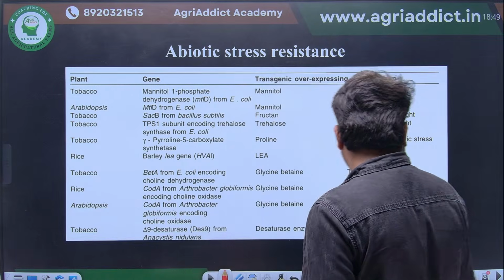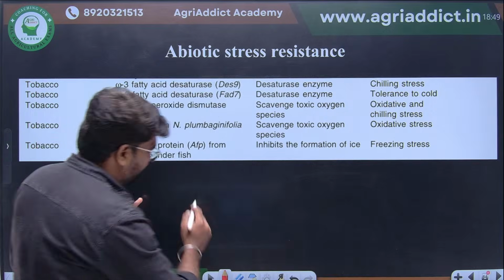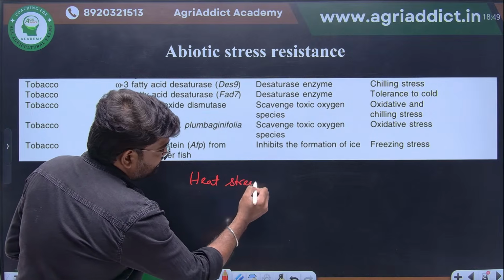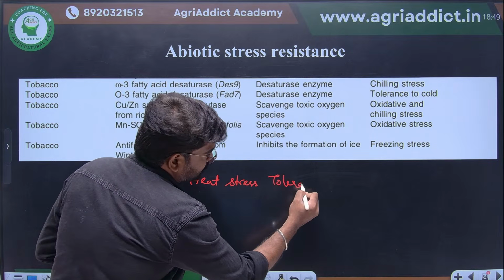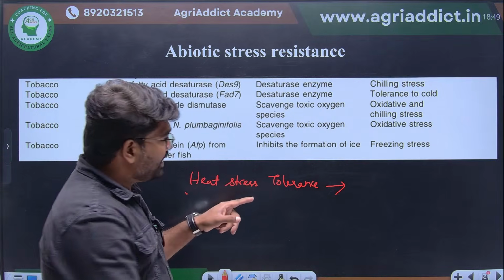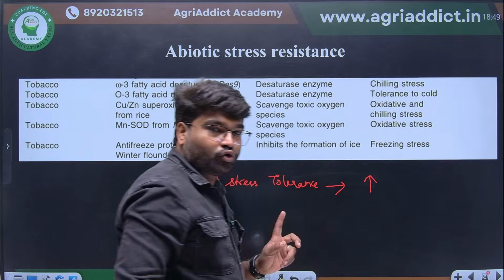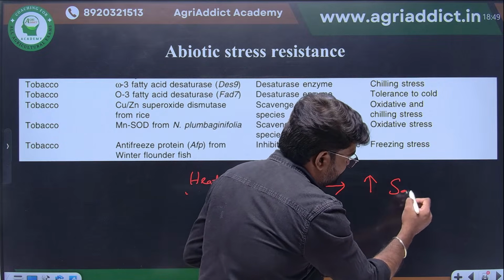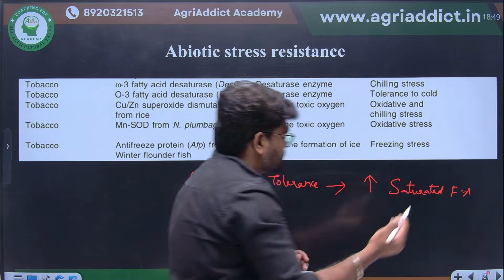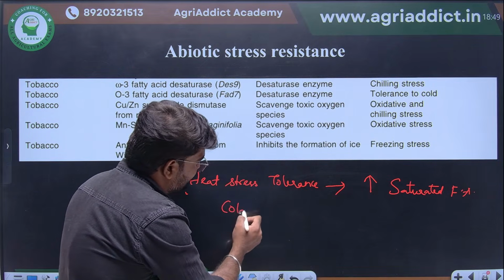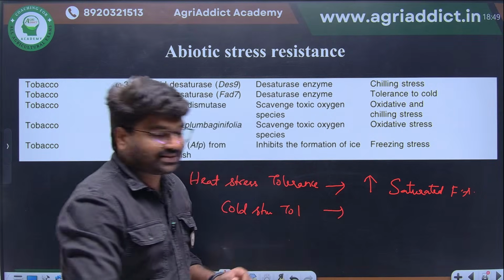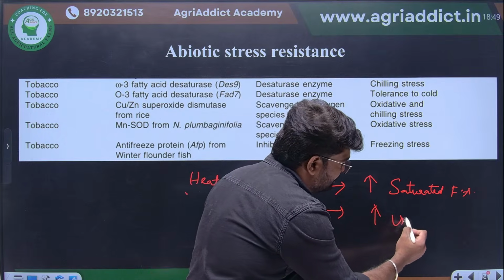If you want to increase heat stress tolerance, we have to enhance the accumulation of saturated fatty acids. If you want to enhance cold stress tolerance, we have to enhance the accumulation of unsaturated fatty acids.